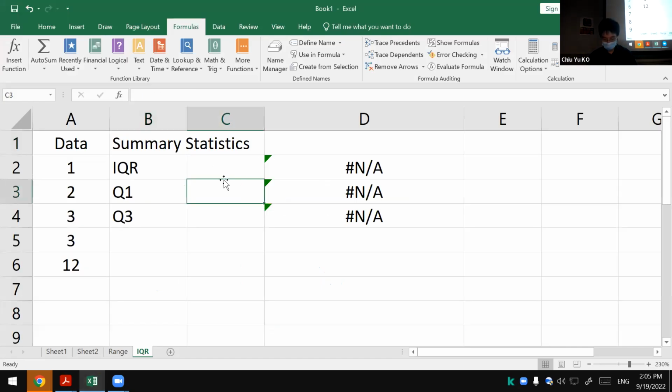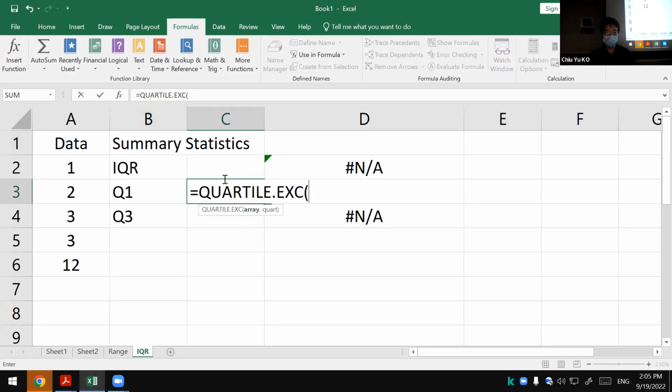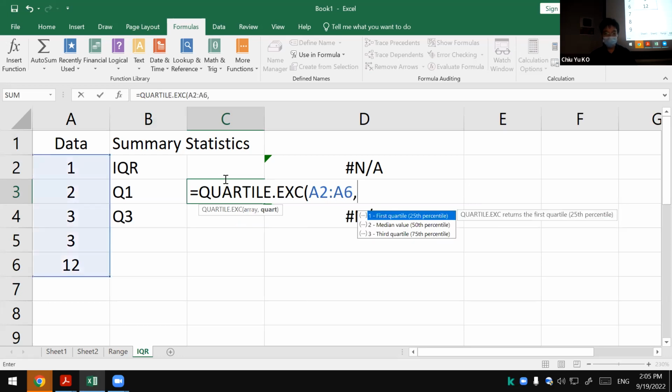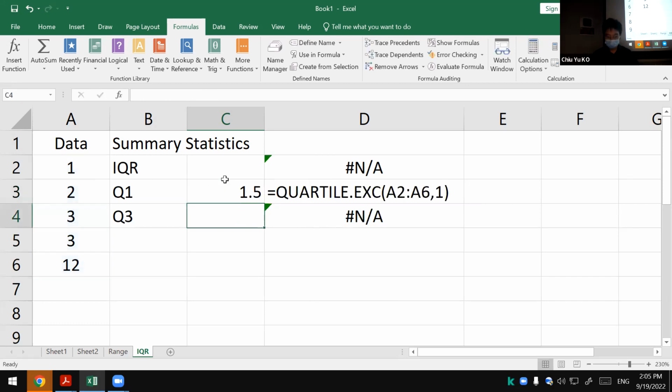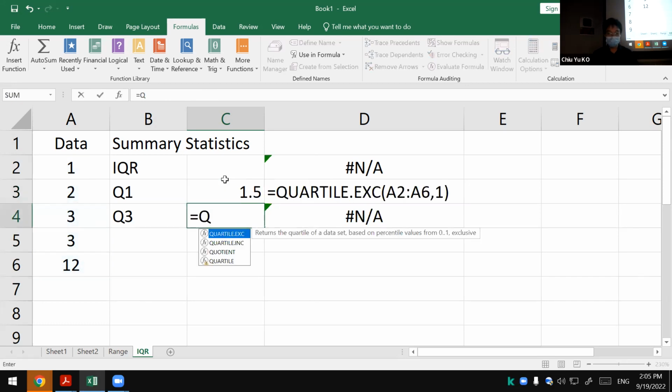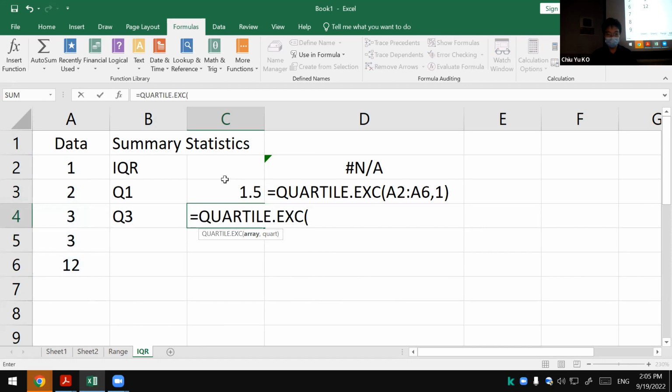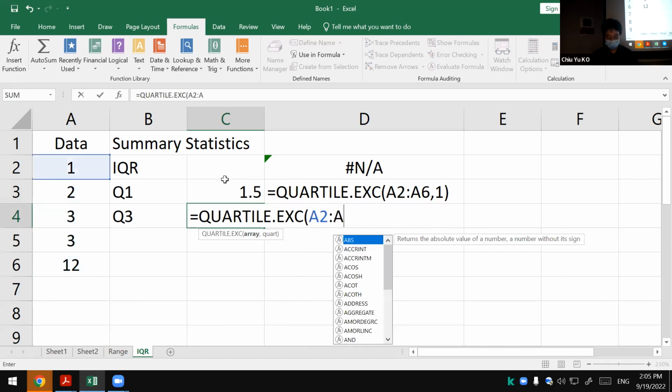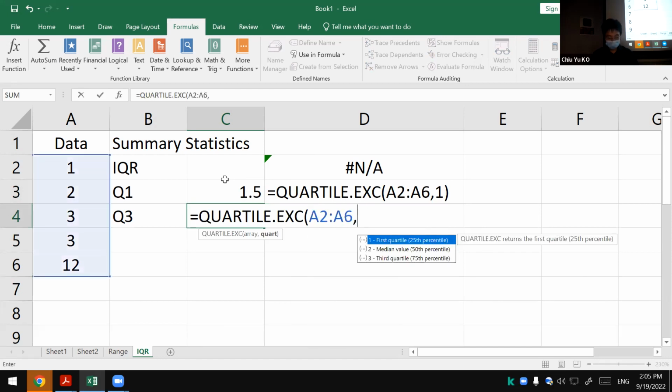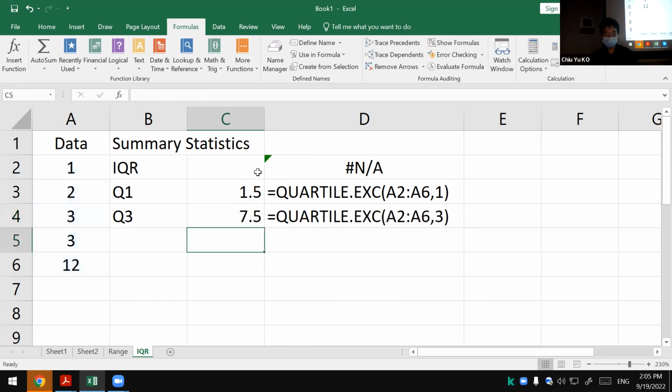It's just like QUARTILE.EXC A2 up to A6, quartile 1, just 1. And do the same, quartile A2 up to A6, we need 3. So this is how you get these two formulas.